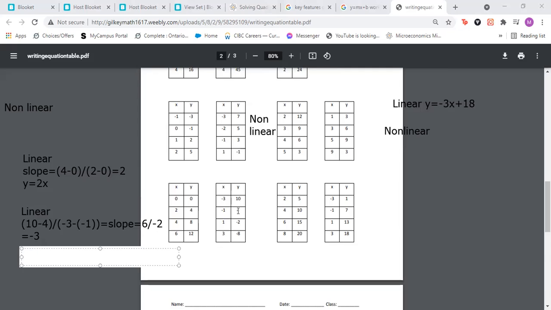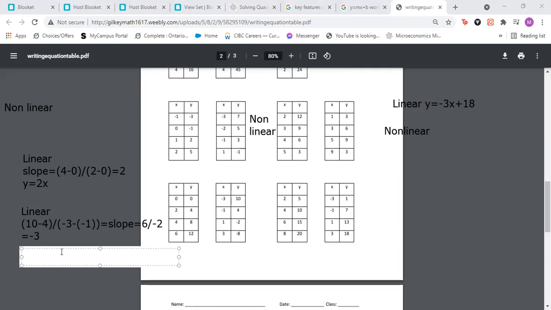So the slope's -3. Between -1 and 1, the number between that is 0. Okay. So you have to take the slope and subtract it from the 4. -3x minus 2, right? -1.